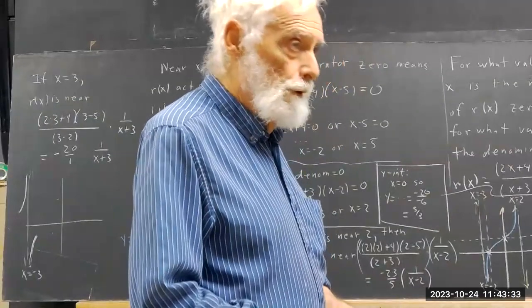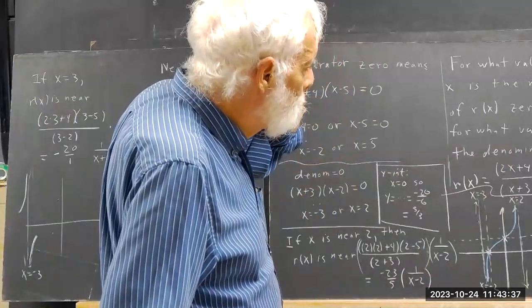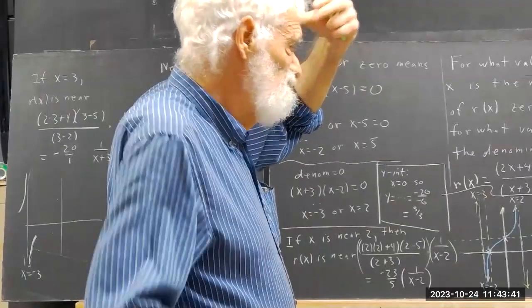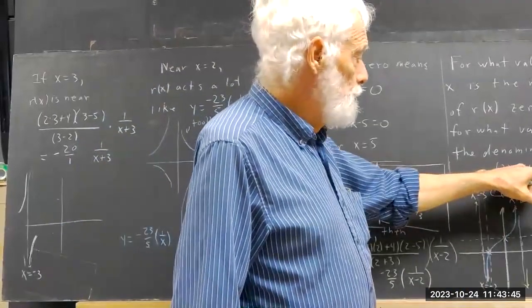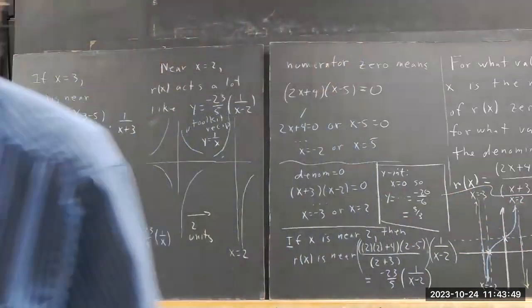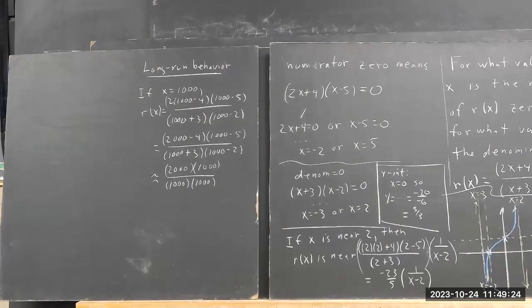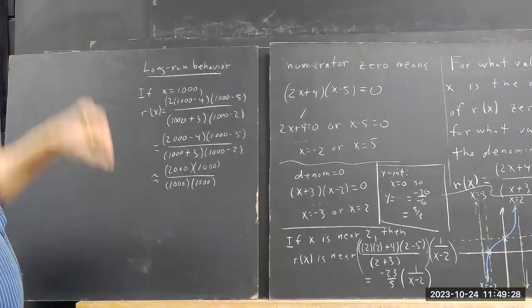And now the long run behavior. Use your calculator, plug in x equals 1,000 here and see what you get. Okay, so here's the calculation.